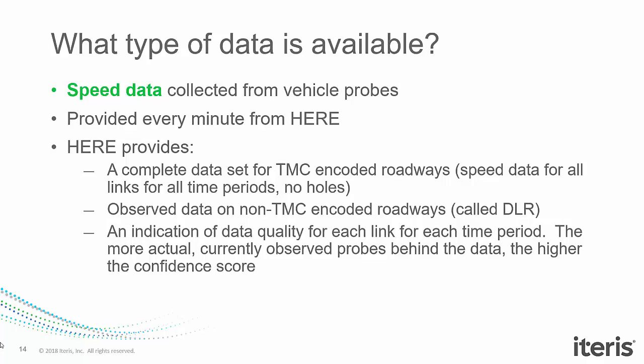HERE and TomTom are part of a consortium that controls the IDs associated with those links. They add IDs occasionally, and we have a process built to process in new maps as they get updated. I'll walk through what that means to you in terms of what you see in the network, but we try to make that both transparent and non-apparent to you.